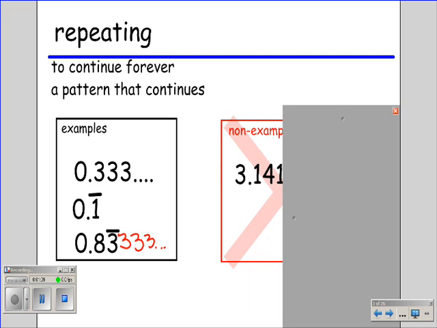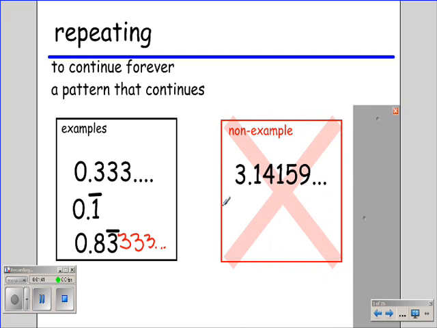Some non-examples of repeating decimals would be something like 3.14159 dot dot dot. The dot dot dot means that it does continue, it's non-terminating, however there's nothing that repeats. This number might look familiar to you. It is also commonly referred to as pi.